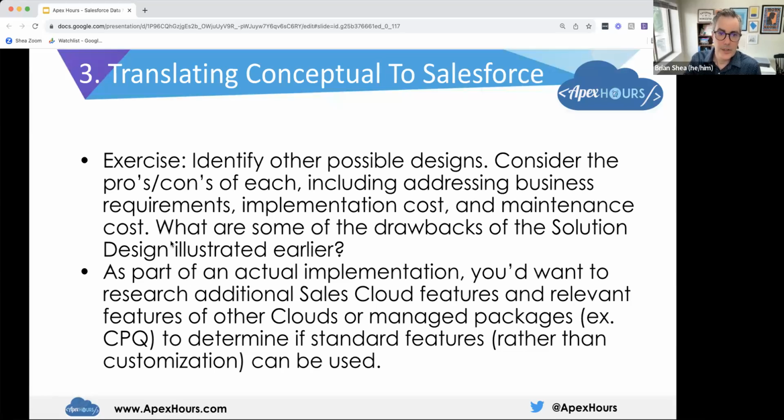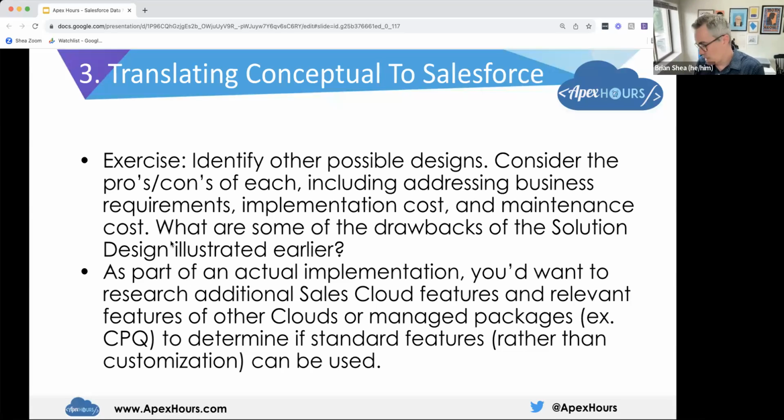And as I mentioned earlier, with an actual implementation, you'd want to be researching additional opportunities and out-of-the-box features in Sales Cloud, other relevant clouds or managed packages. We're talking about products, so it may be worthwhile looking at CPQ to determine where standard features rather than customization can be used.